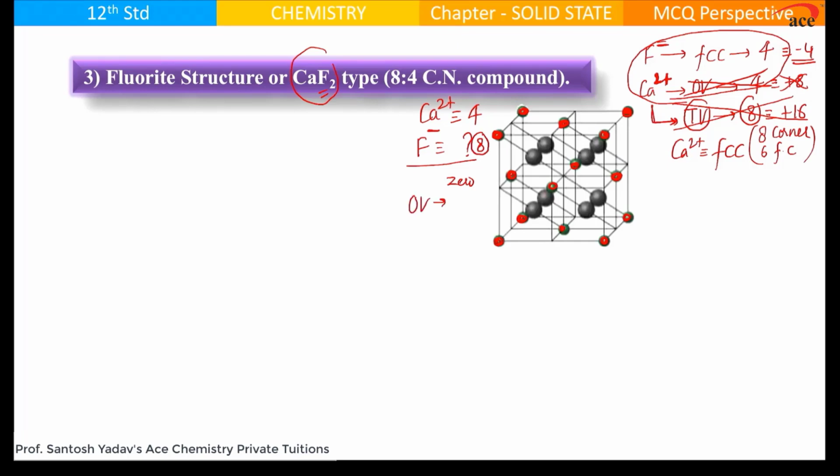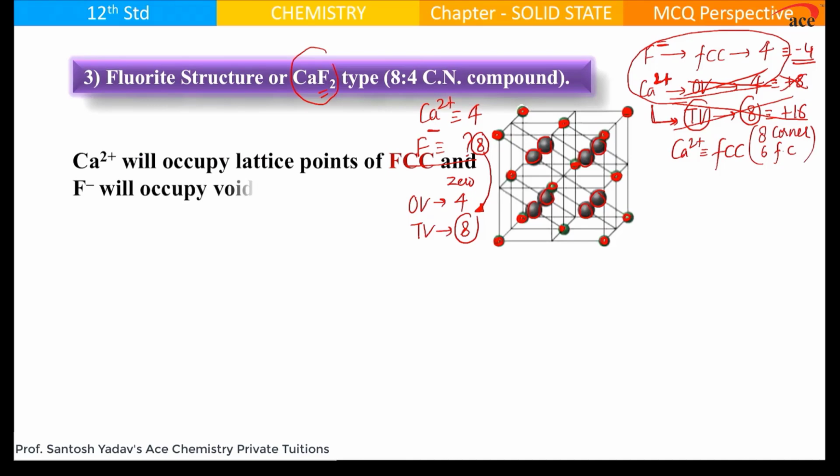We know octahedral voids are 4. Tetrahedral voids maximum are 8. That means fluoride should be present in tetrahedral voids, and that too 100% tetrahedral voids. Are you able to see this? These spheres which are black in color are fluoride ions and they occupy tetrahedral voids.